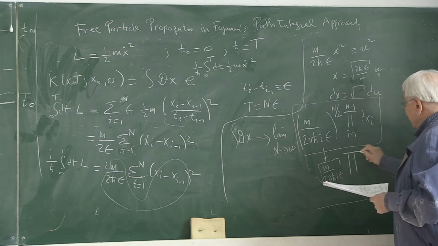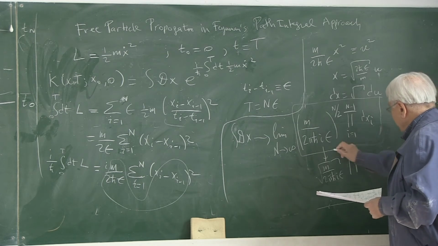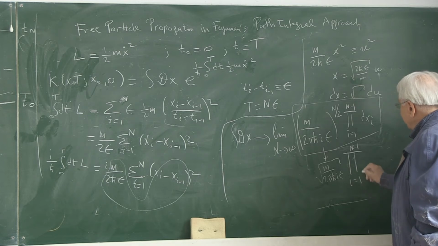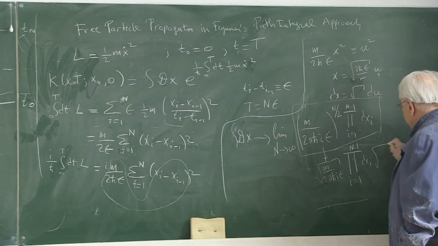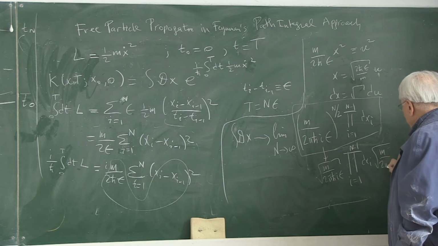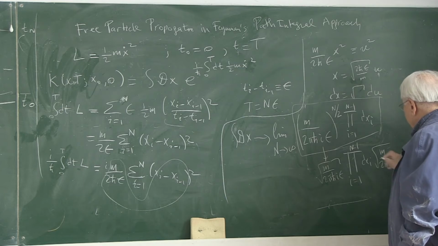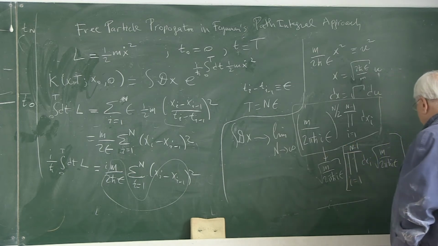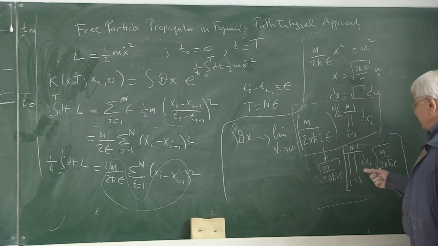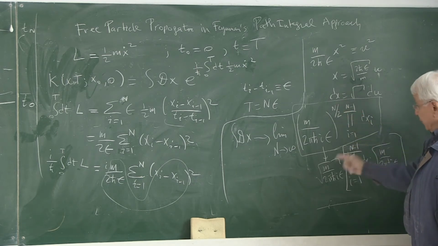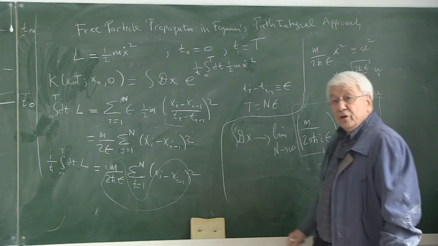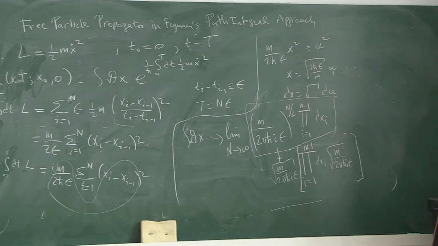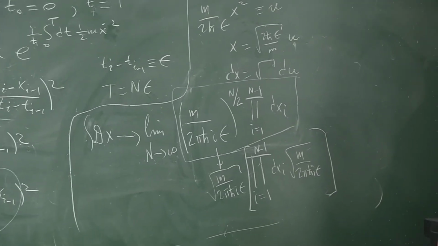Move the remaining inside to n minus 1: the product for i from 1 to n minus 1 of dx_i times m over 2 pi h bar i epsilon. Putting this into this, meaning that there was n minus 1 over 2, one of them I left out. It is this factor for each dx_i. For each dx_i entering into the integral there is this factor, but there is one odd man out, which is pushed.